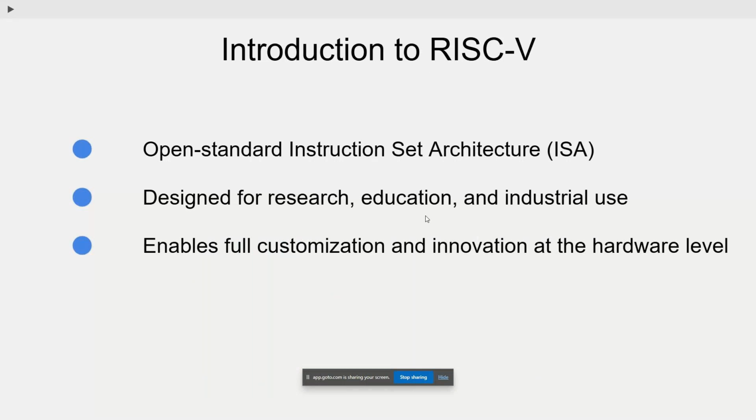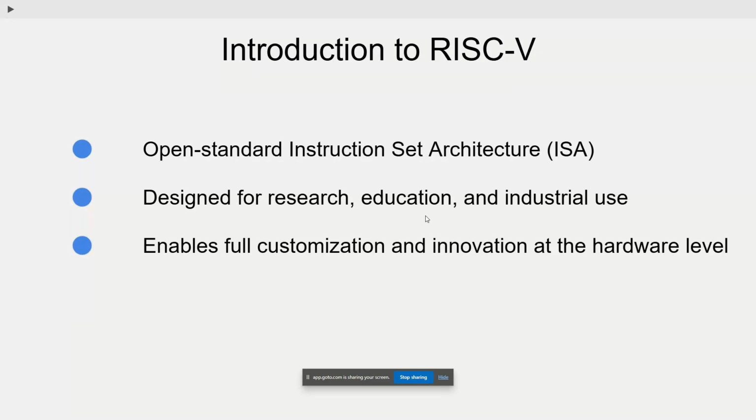RISC-V is basically an open standard instruction set architecture. When I say open standard, if I consider ARM architecture and take IP from ARM, it has to be properly licensed.